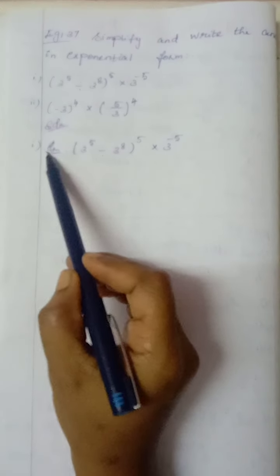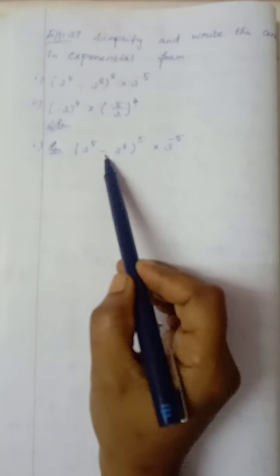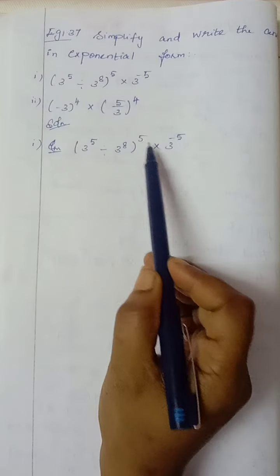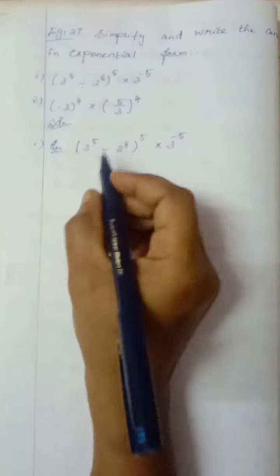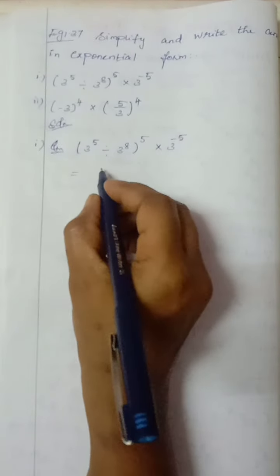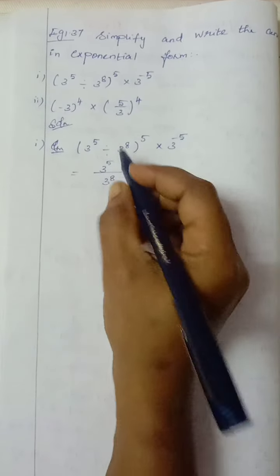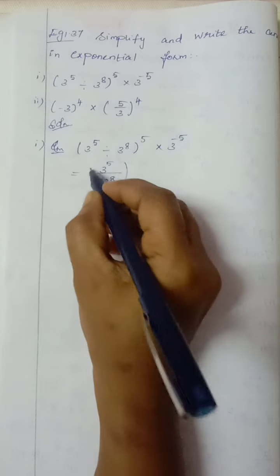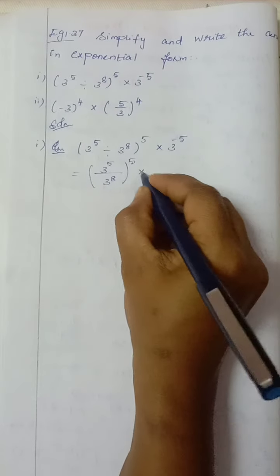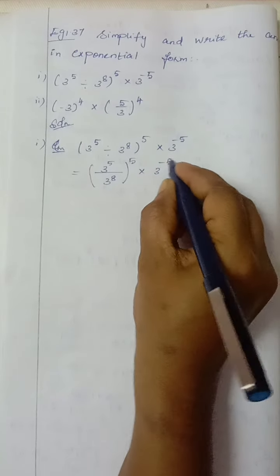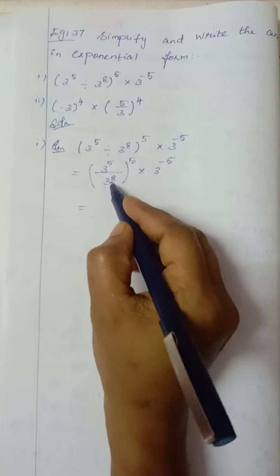So consider the first question, (3^5 divided by 3^8) the whole power 5 into 3^(-5). First we can simplify the division. Both numbers have the same base, 3.